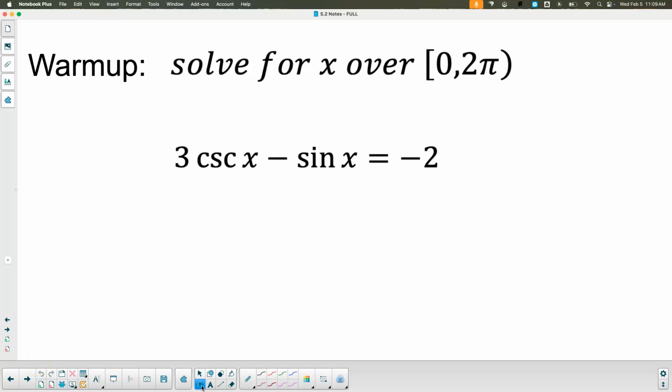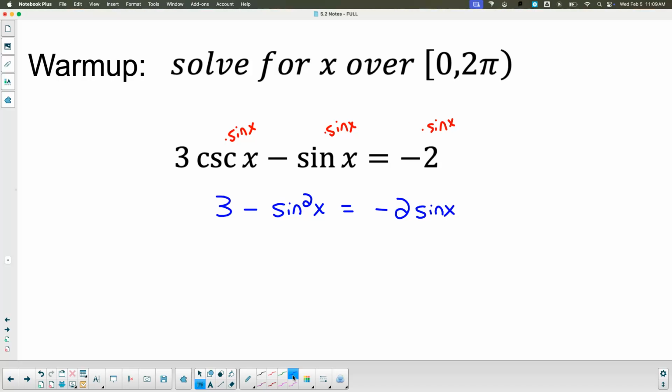First thing that I would do, now this is me, because I know that cosecant is 1 over sine, right? So the first thing that I'm going to do is multiply every term by sine of x. That gives me 3 minus sine squared of x equals negative 2 sine of x.